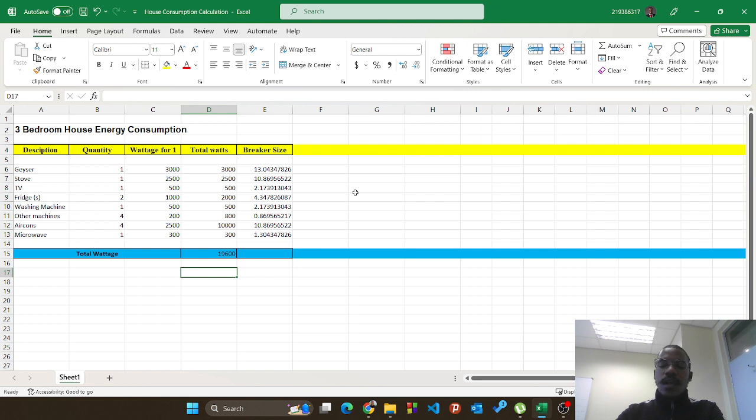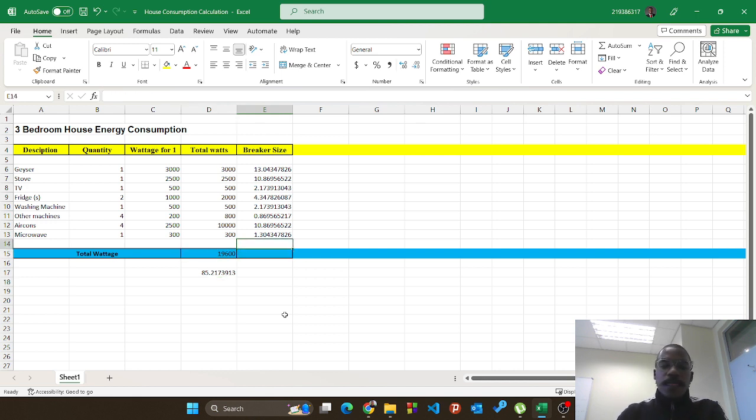So you would take the total wattage, which is 19,600, and divide it by the standard voltage, which is 230 volts, and you get an 85.2 amp breaker, give or take, for that particular kiosk that you're gonna set up.